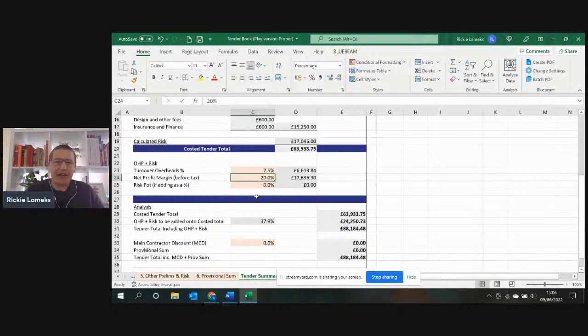Now, if the figure you'd be happy with was 100 grand, that's 10%. But 10% is generally quite a good figure of the total percentage, not the cost percentage. Okay, so I hope that helps.